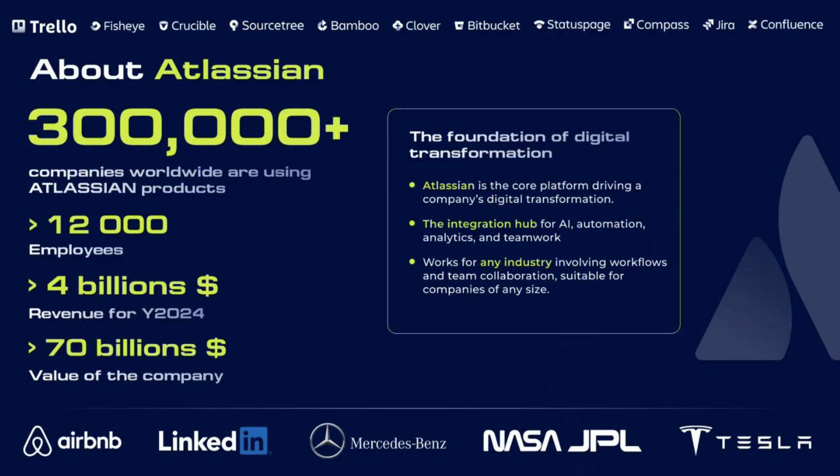Today we will work based on Atlassian Jira, and I think everybody who joined us knows Atlassian very well, an international corporation from Australia, running task management and work performance for more than 300,000 clients worldwide. At the bottom of the slide you can see well-known worldwide brands like Tesla, Mercedes-Benz, LinkedIn, NASA.